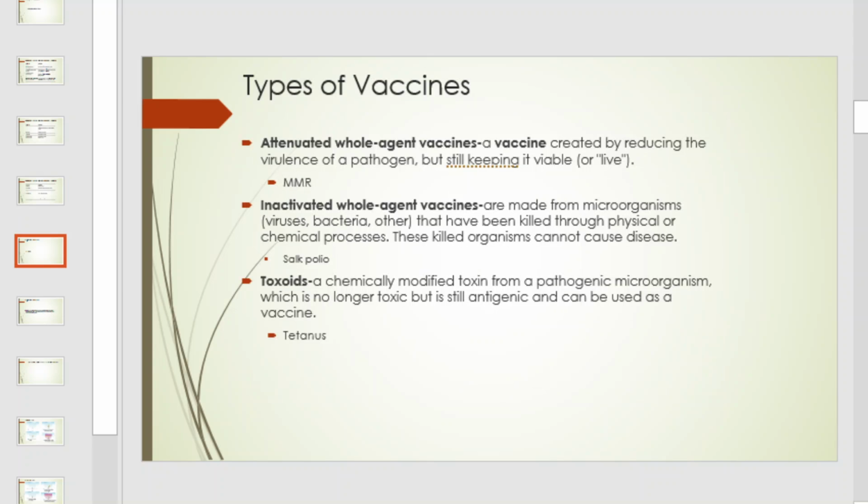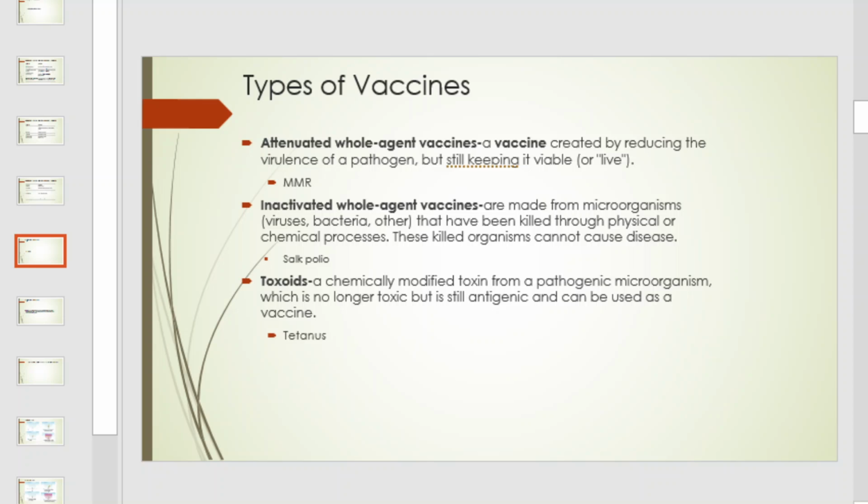There are several types of vaccines available to us in immunological studies. Attenuated whole agent vaccines are vaccines created by reducing the virulence of a pathogen, but still keeping the pathogen viable or alive. The MMR vaccine is an excellent example of just such a vaccine.